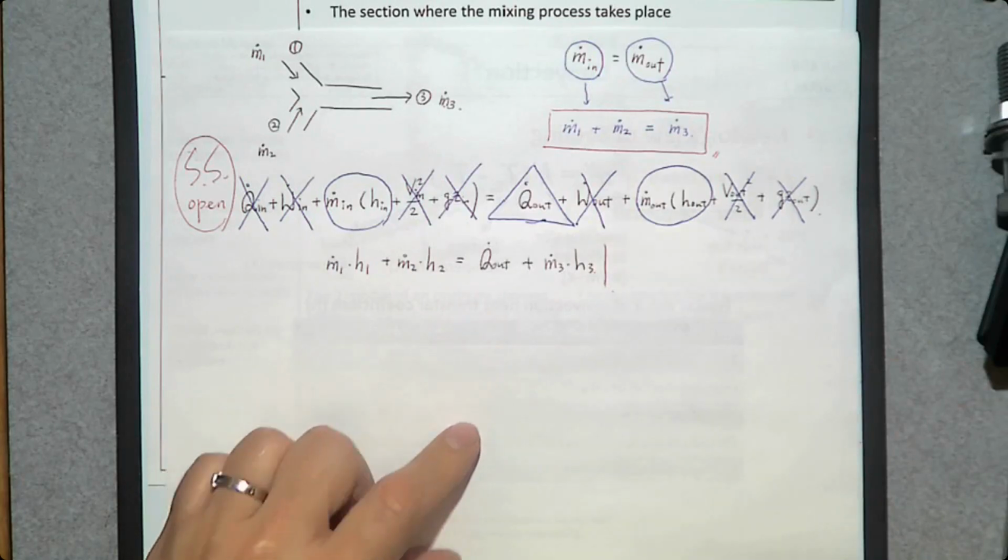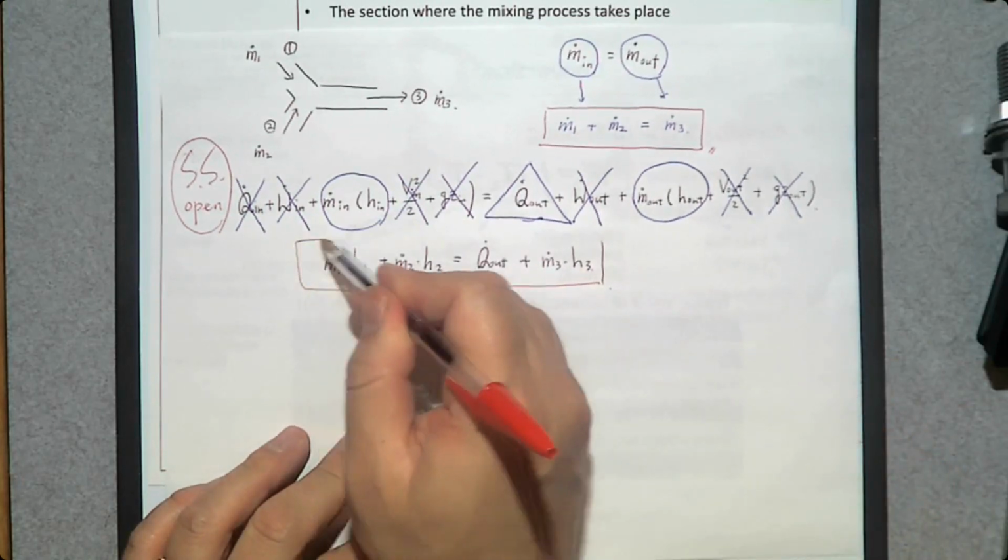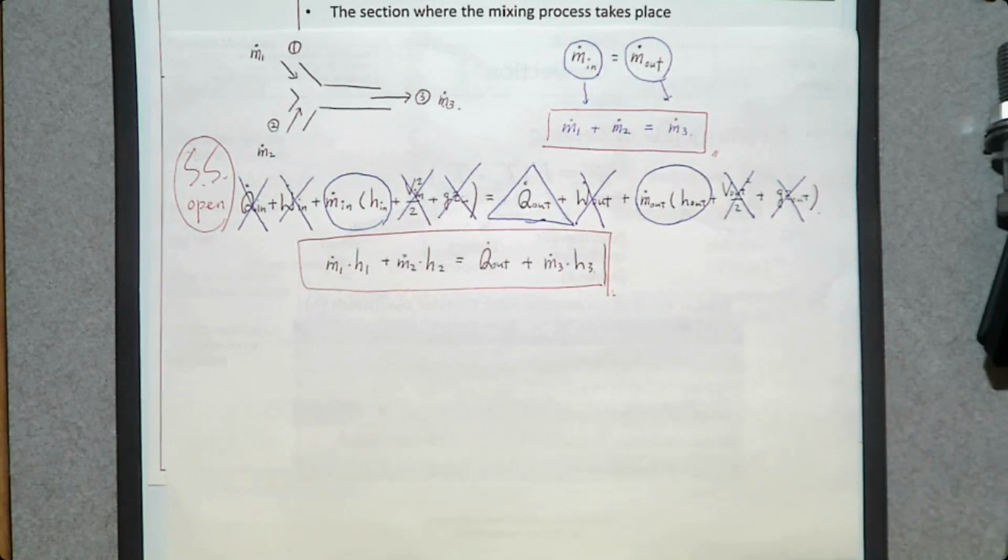So this is the energy balance equation for this mixing chamber. That's it. That's all the theory that you need to solve any thermodynamics problem related to a mixing chamber.